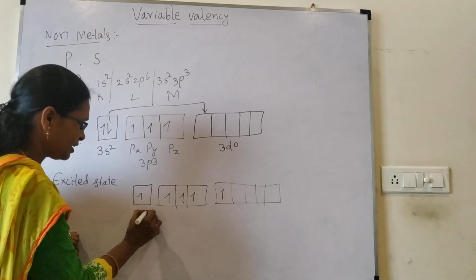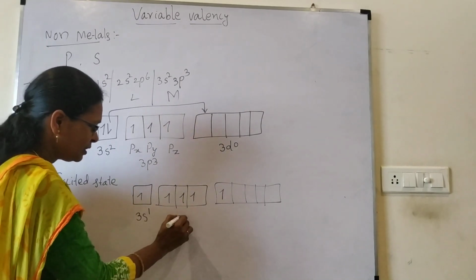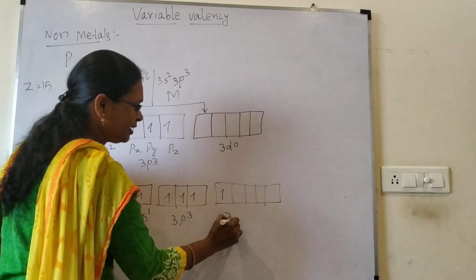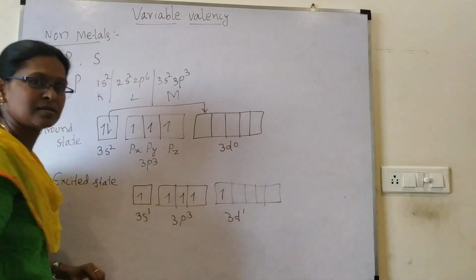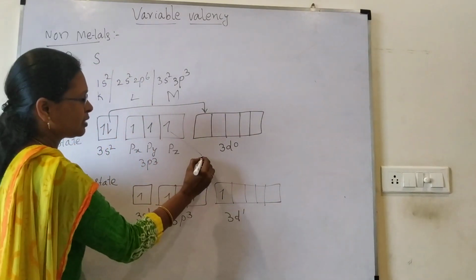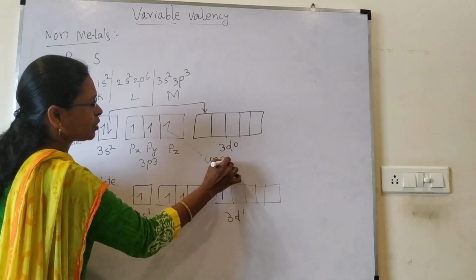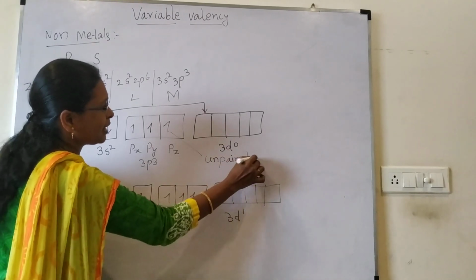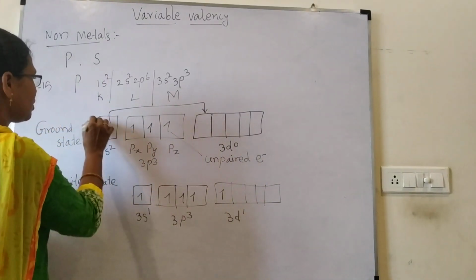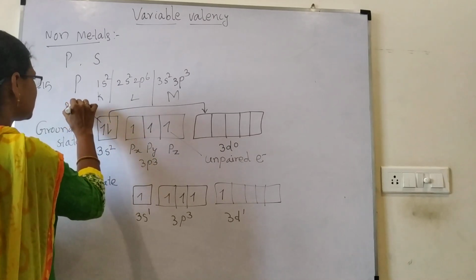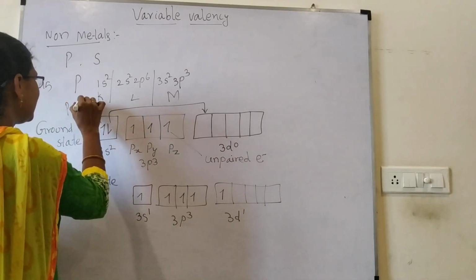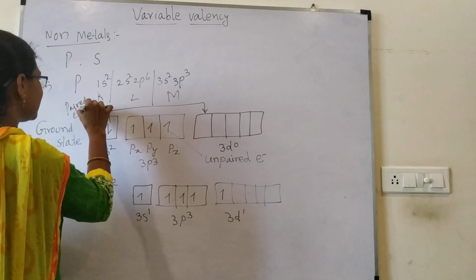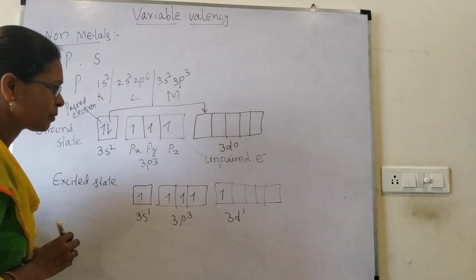We can write the excited configuration: 3s1, 3p3 and 3d1. Right? So this we call an unpaired electron, and this we call paired electrons, an electron pair also we can say. Right?